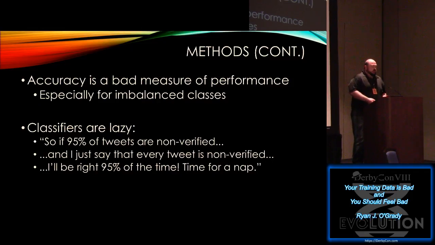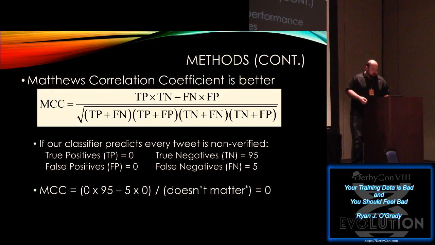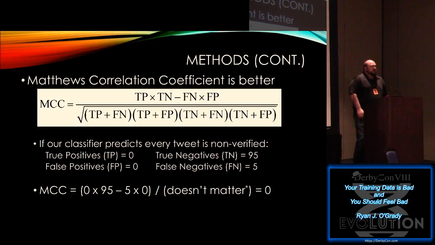So we needed to find a better way to measure performance. That's why I settled on the Matthews correlation coefficient. It uses all the elements of a confusion matrix. I won't get into that, but the bottom line for us is that if a lazy machine learning classifier says, yeah, sure, it's unverified, the correlation coefficient is going to be 0, meaning no correlation.